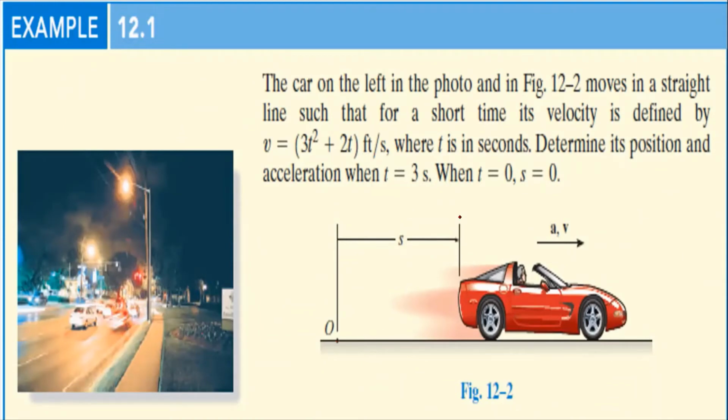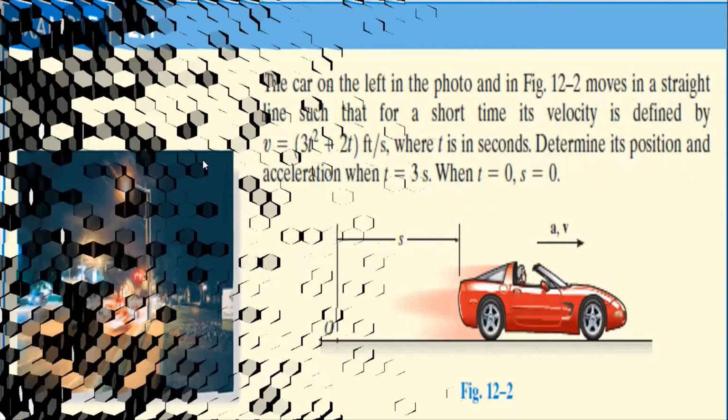Its distance from its back bumper is s, and there must be acceleration and velocity. So the equation for the velocity is given to you, and you have to find the position and acceleration when time is 3 seconds. So let's start. Initial time is 0 and initial distance is 0.